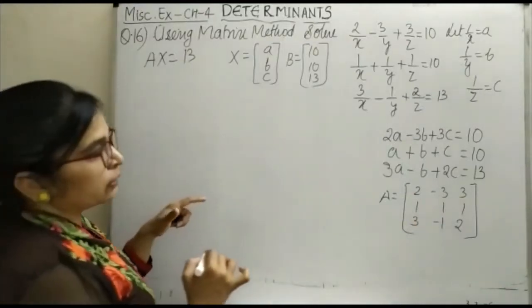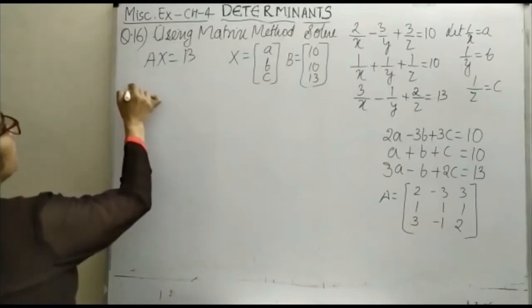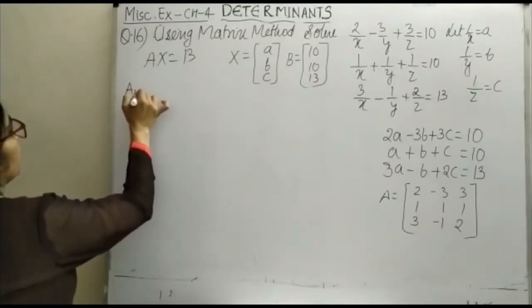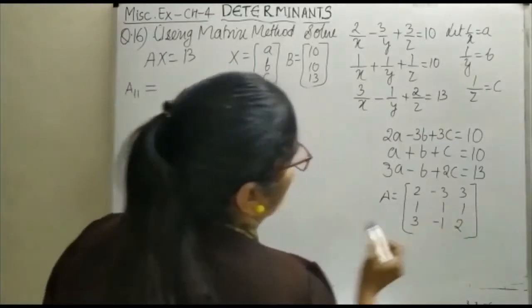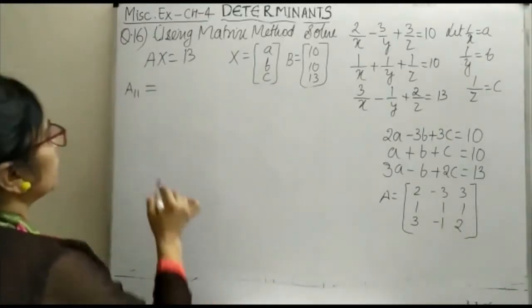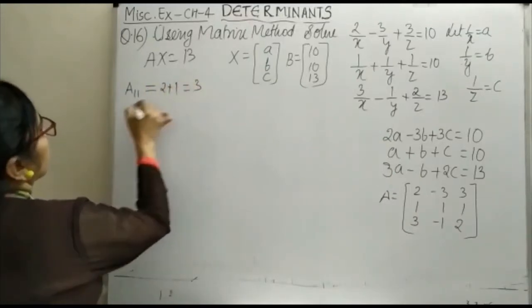We are supposed to work out the adjoint of A. For the adjoint of A we need cofactors. Let us work out A11. 1 into 2 is 2, plus 1, so it is 3.